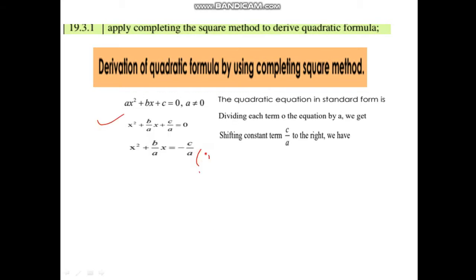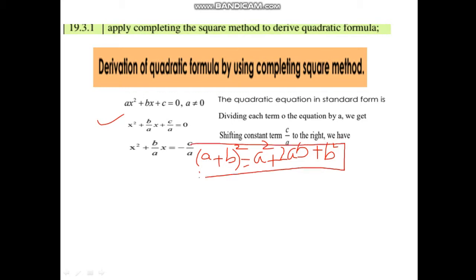We have a plus b whole square is equal to a square plus 2ab plus b square. Now here you can see that I am just making the structure over there.